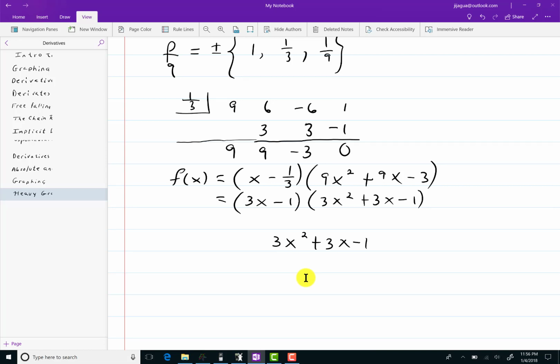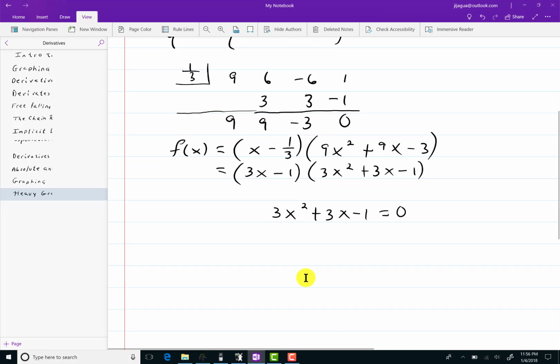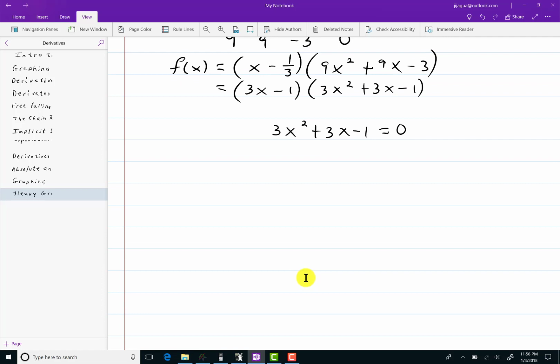So I'll set that equal to 0. Once I get down to a quadratic, I'm pretty satisfied with using the quadratic formula to do it. It's not that big of a deal. X equals, remember, negative b plus and minus the square root of b squared minus 4 times a times c, all over 2 times a.